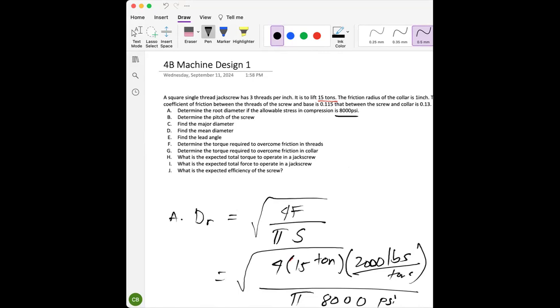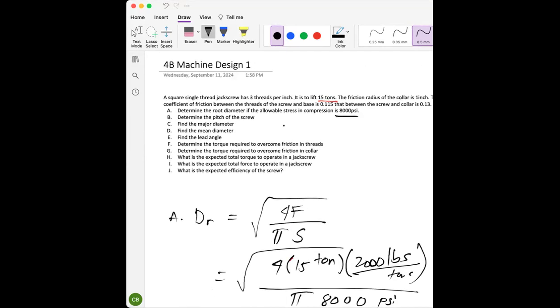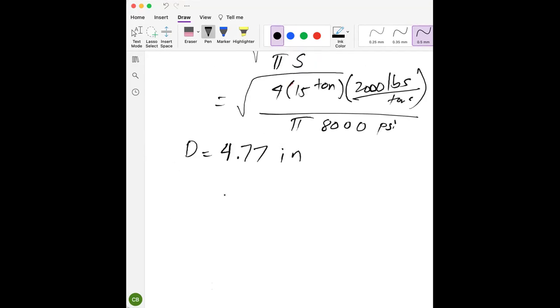So next, we determine the pitch of the screw. So the pitch would be 1 over the threads per inch.